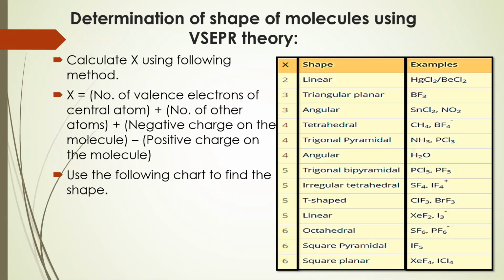Next, here comes a table which will help you to determine the shape of the molecule with respect to VSEPR theory. For example, HgCl2 and BeCl2 have linear shape. BF3 is trigonal planar, whereas NF3, NH3, PCl3 all are trigonal pyramidal.